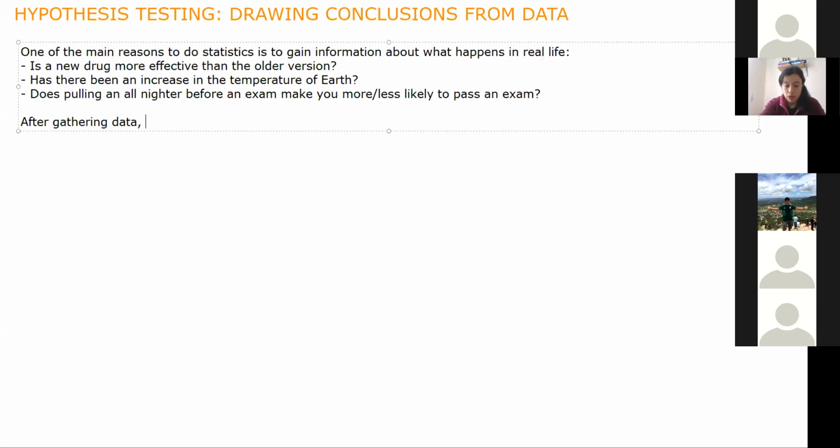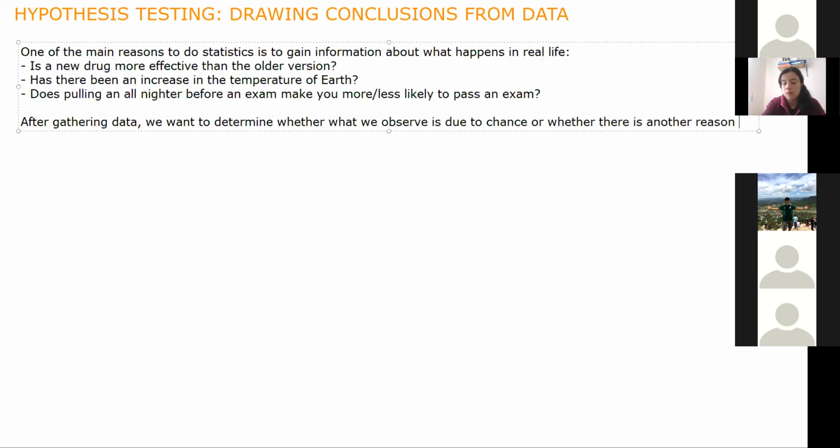After gathering data, we want to determine whether what we observe is due to chance or whether there is another reason behind it. That comes particularly as a question after what we saw last week.